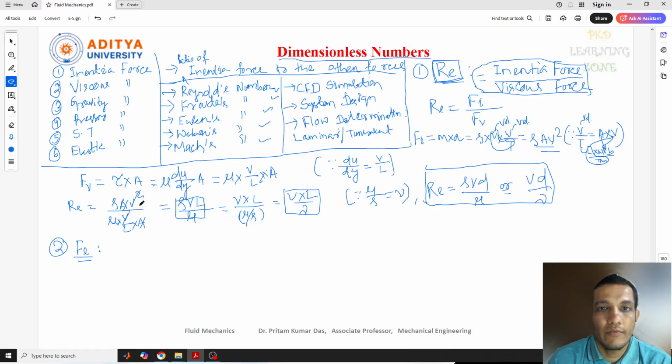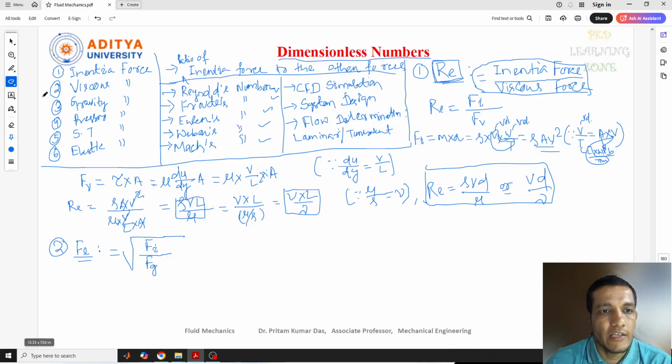The remaining numbers you will get in the same way. Suppose in the Froude number, what is the definition? The Froude number is defined as the square root of, as I told you, in the numerator always inertia force, inertia force to the gravity force.